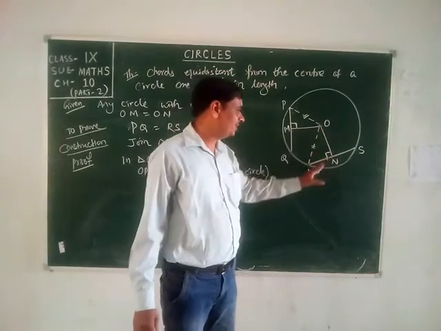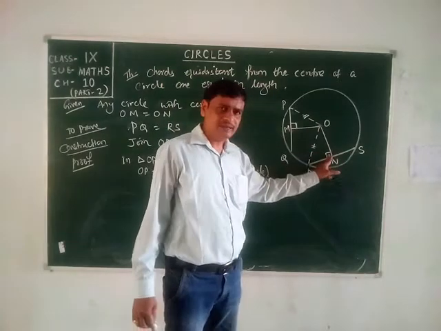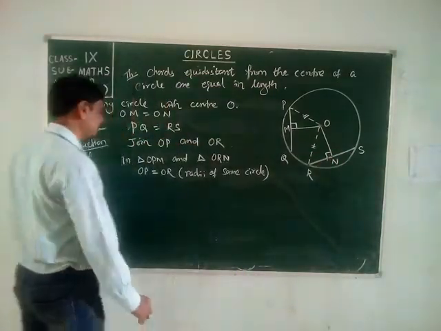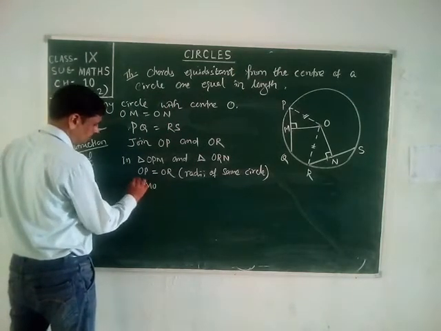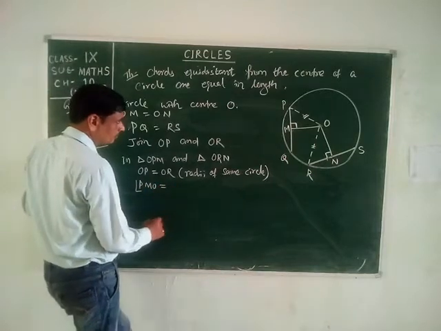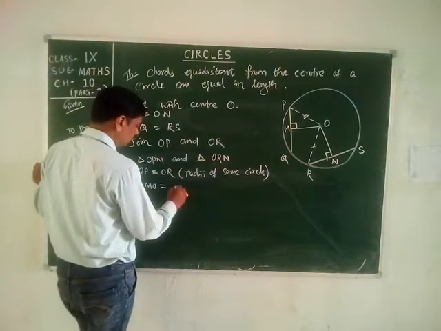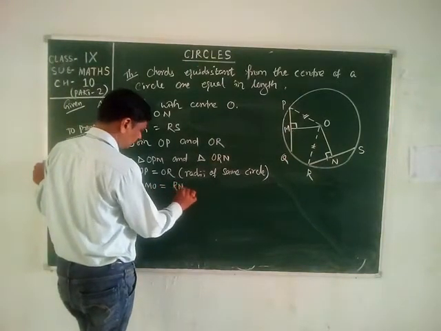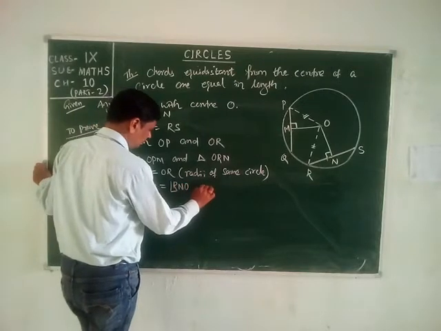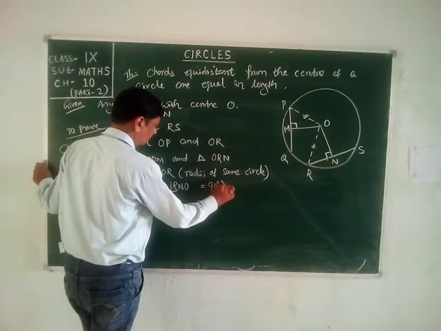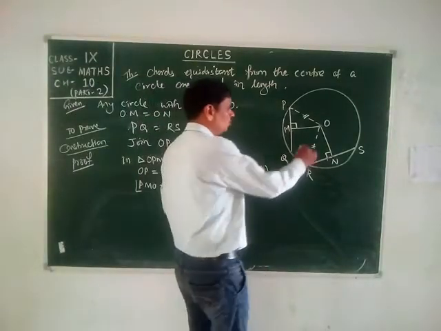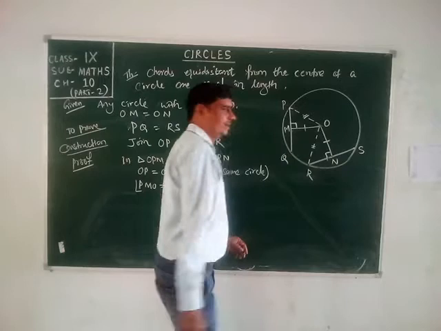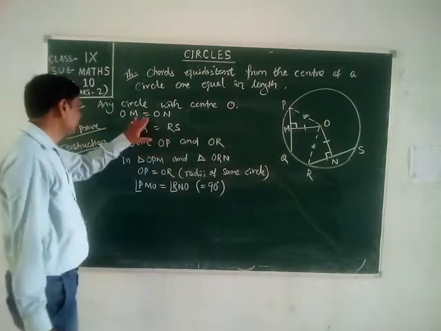Similarly, ON perpendicular on RS, so this angle will be 90 degrees. And OM and ON are equal because it is given.